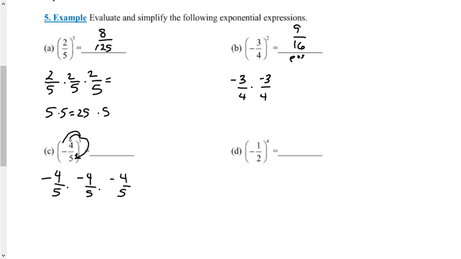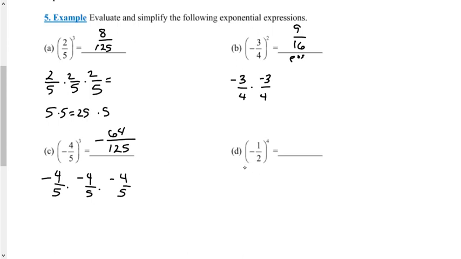And hopefully you'll recall that an odd number of negatives comes out to be a negative. Negative times a negative is a positive. Then we'll take a positive times a negative. That gets us a negative for the answer. Now 4 times 4 times 4, 4 cubed is 64, and we've already done the 5 cubed today, so that's 125.